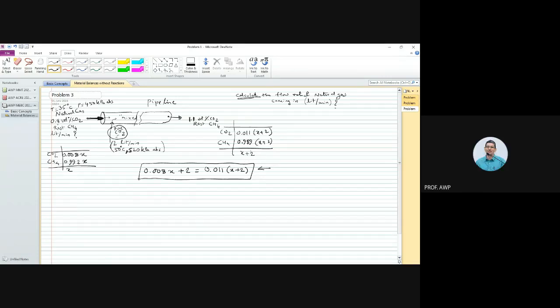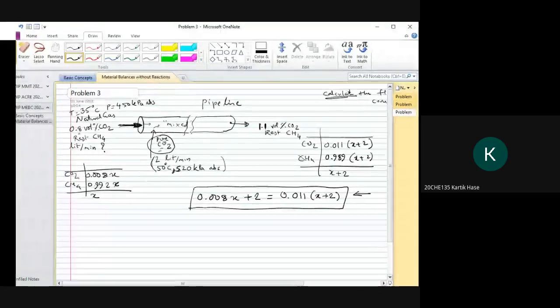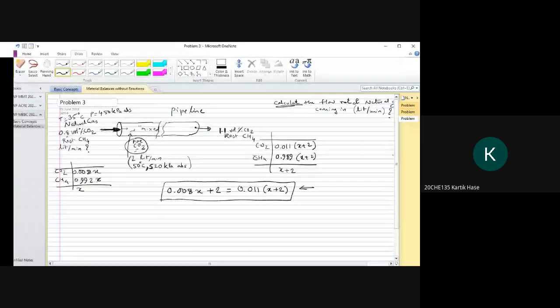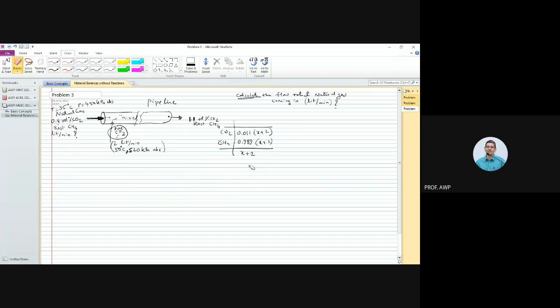How many people think this is right? How many people think this is wrong? Sir, the volume won't be the same. It is not additive. Karthik, whenever you come to ICT, meet me, I will give you a chocolate. So only Karthik is right. Everybody else is not right. So should we convert it into moles and then calculate?